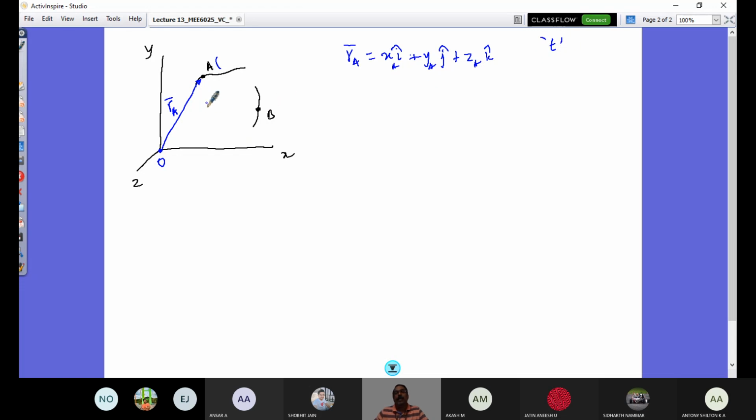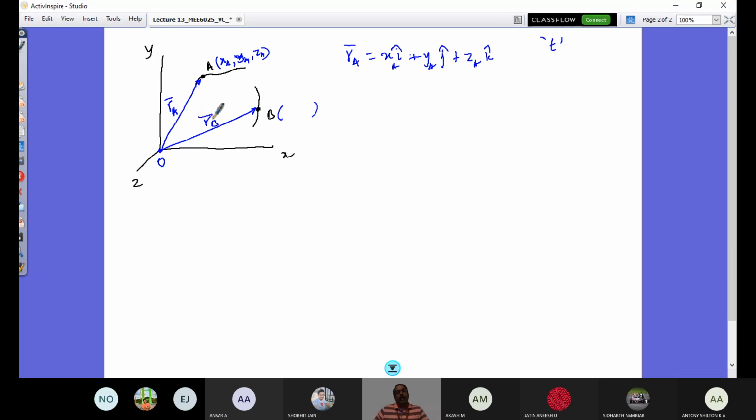Space and time are two important concepts of mechanics. The other two are mass and force, which we have seen already. So this coordinate is xa, ya, and za. Similarly, I'll have its coordinate, and its position vector rb.